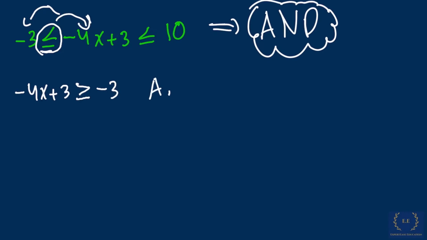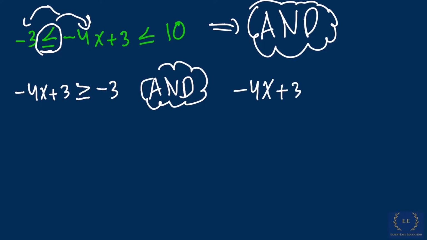Then, and, the second condition: minus 4x plus 3 is less than or equal to 10. So I have separated my initial compound inequality, because I have two conditions, into two separate parts. This is the first step that you need to do.